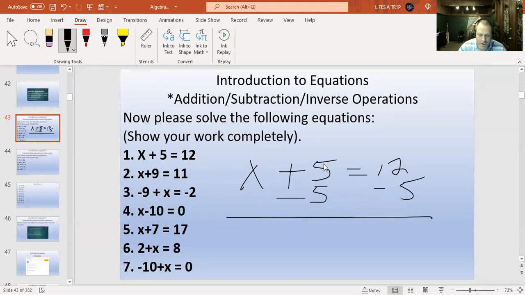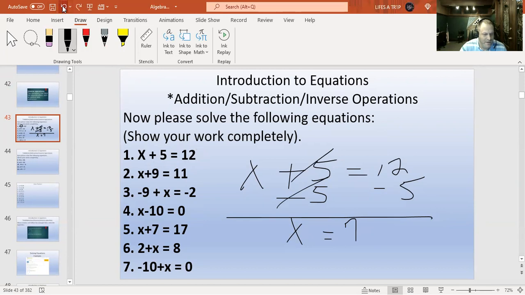And eliminate. And x equals 7. Basically, you're just taking this over here and moving it over here as a subtraction instead of a positive 5. That's quick math.